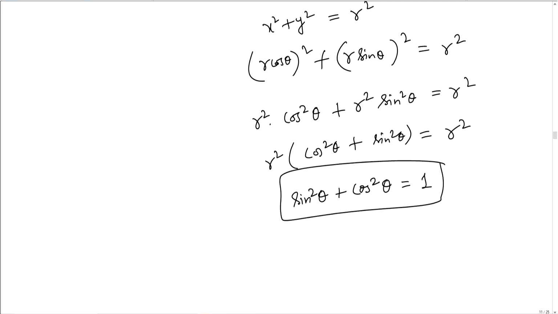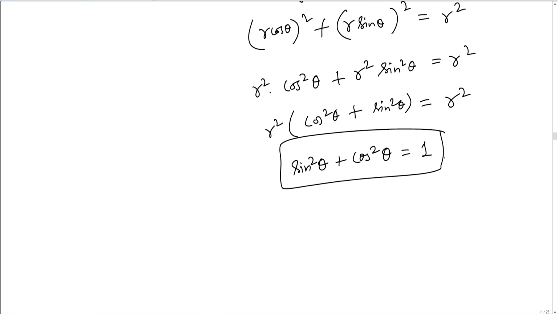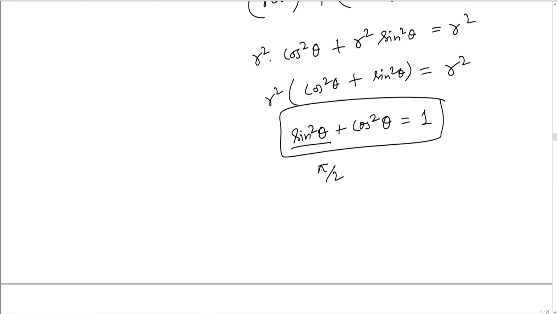So, given a right angle triangle, given the same angle theta, sine square theta plus cos square theta is equal to 1. It makes sense, you can test it. What if the angle is pi by 2? At pi by 2, what is the value of sine theta? 1. So you are basically taking 1 square, and what is the value of cos theta? 0.